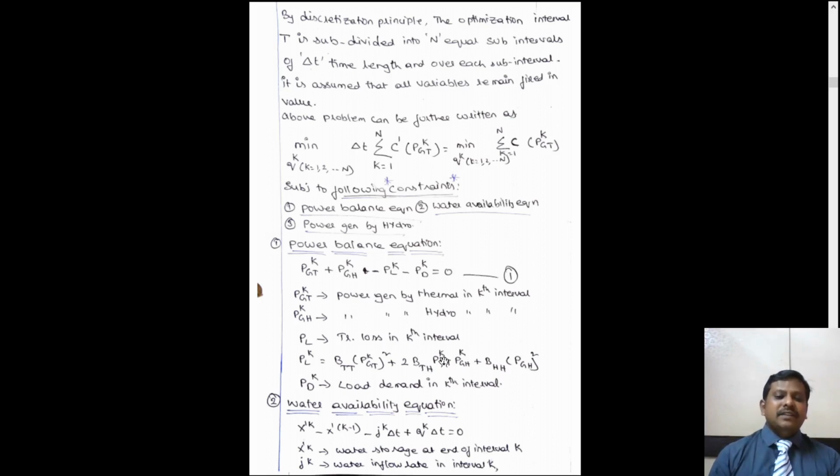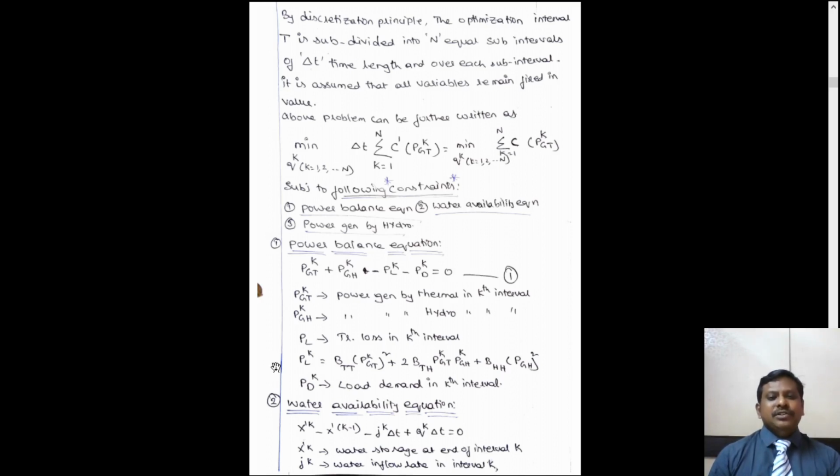Here, since we are considering one thermal and one hydro, we denote them as TT, meaning thermal, and HH, hydro. So this equation is very important while solving every problem.